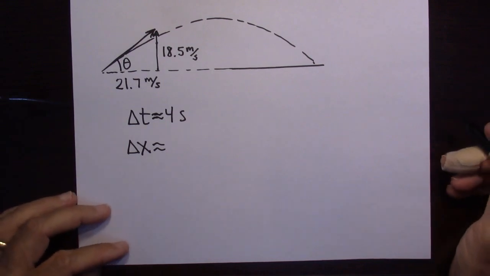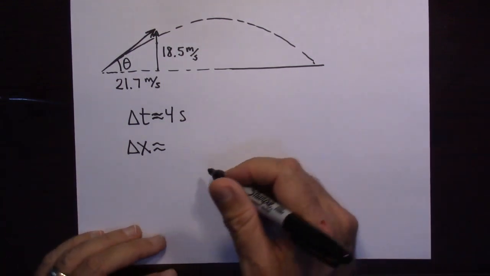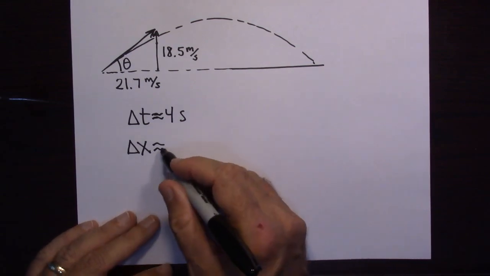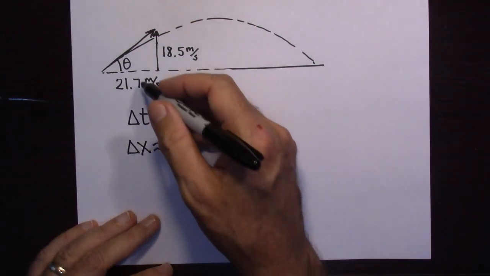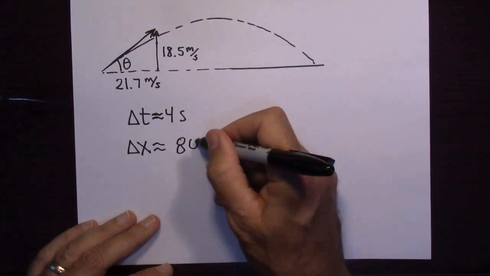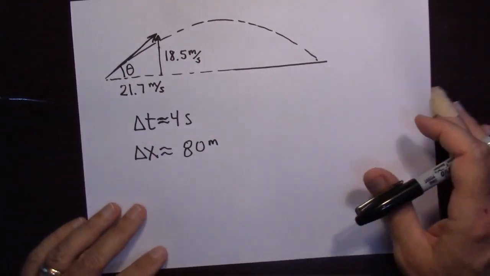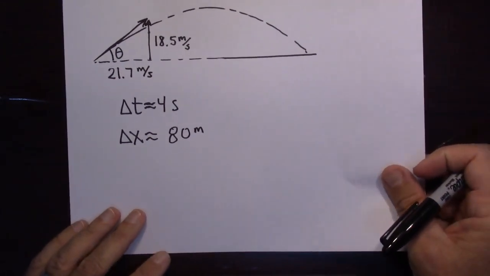Because this is 10 meters. This is using the acceleration due to gravity as 10 meters per second squared. So the approximate range, 4 times 20, is going to be about 80, a little over 80. And probably will be about 80 meters. Excuse me, not meters per second, but 80 meters.